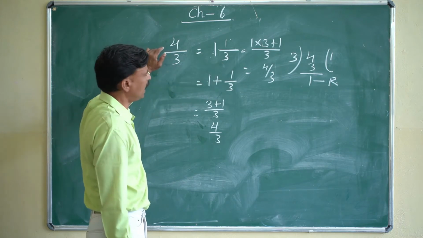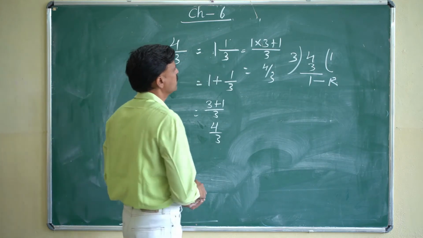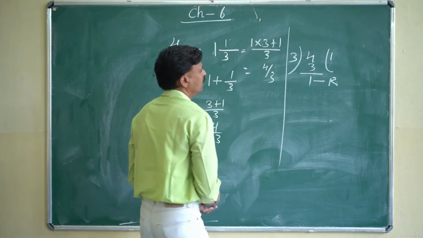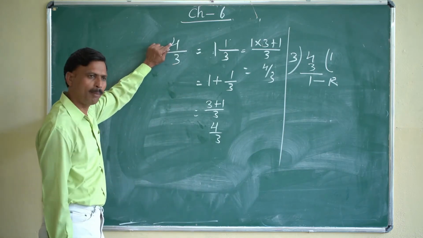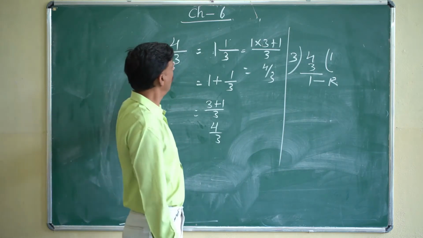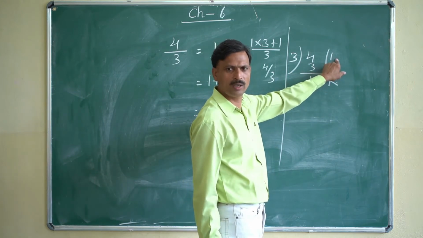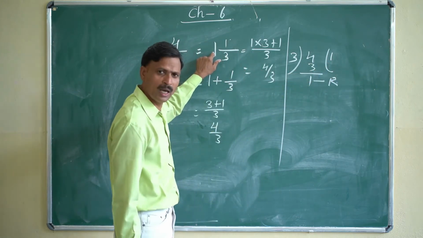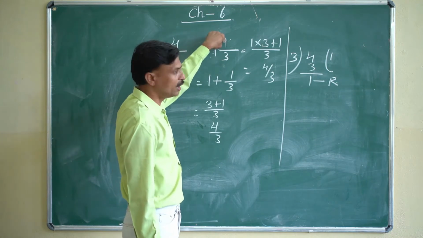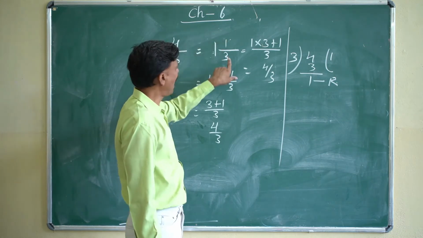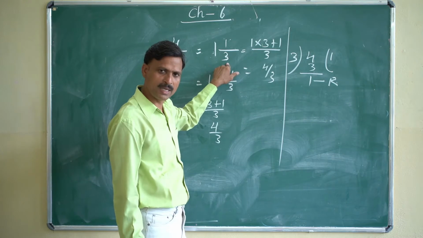How can we convert? I told you, we divide the numerator by the denominator. 4 divided by 3, we get 1 remainder, one quotient. So here the quotient comes as a whole number. In the numerator we write the remainder, and in the denominator comes the divisor, right?